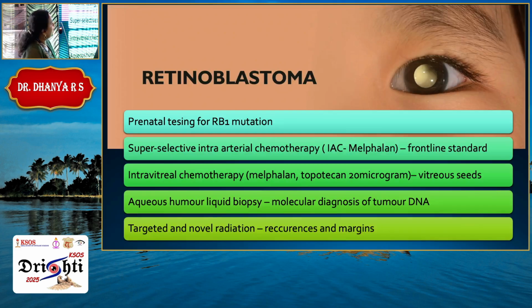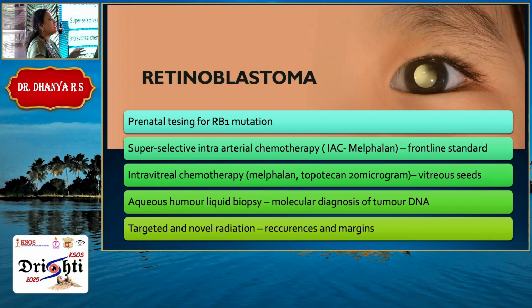To end with, I'll just put one slide on retinoblastoma. That's a very relevant topic. I don't have the time to discuss it. Some points: one is prenatal testing for RB1 mutation, which is very important if the parents have a family history of retinoblastoma. Super selective intra-arterial chemotherapy with melphalan is a frontline standard now.